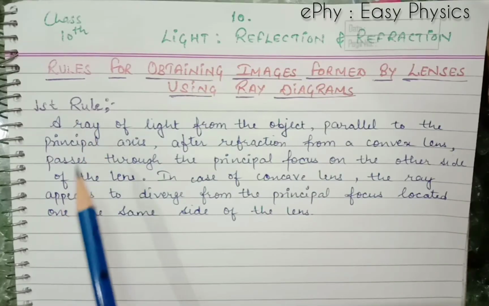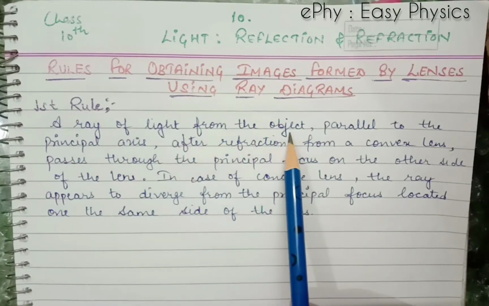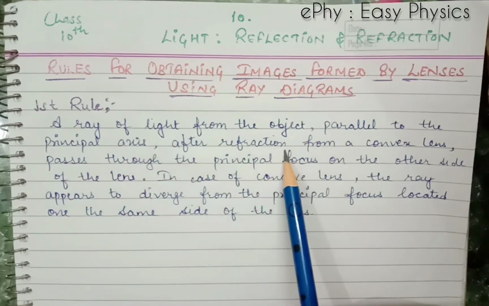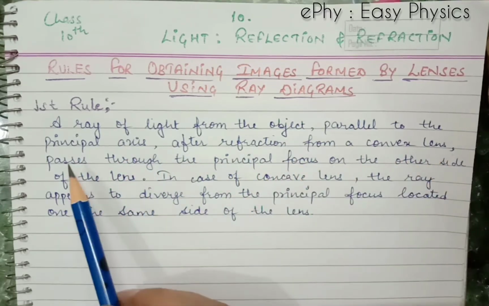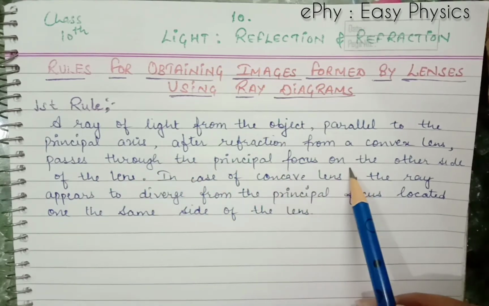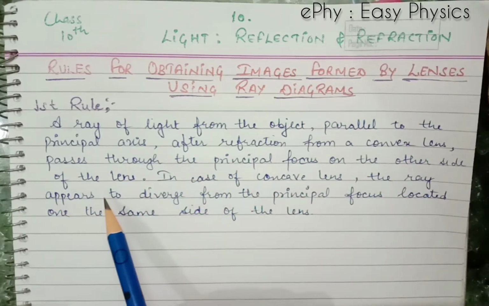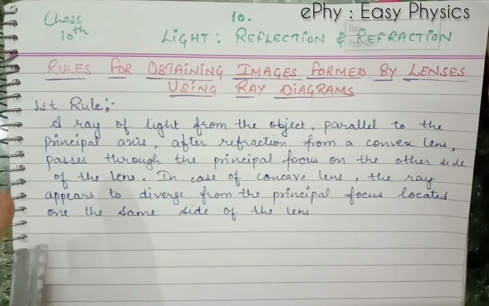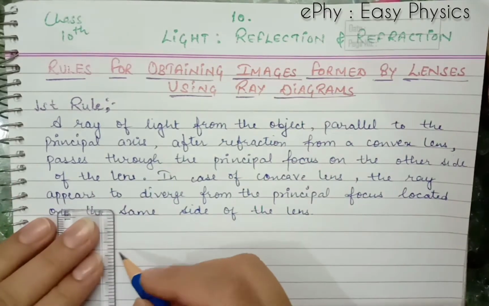The first rule says a ray of light from the object parallel to the principal axis, after refraction from a convex lens, passes through the principal focus on the other side of the lens. For the convex lens, we are going to draw first. How can we draw the convex lens?